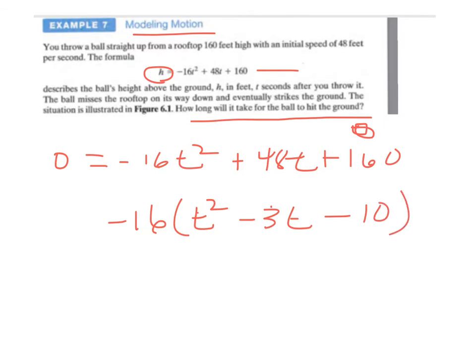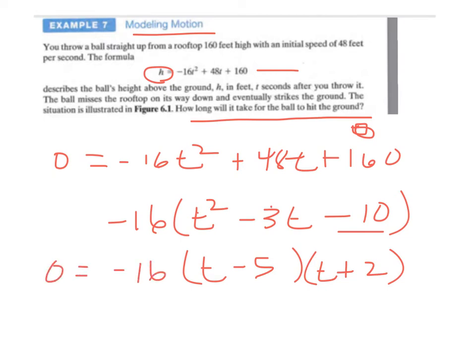Now, I have to continue to factor, so I'm going to factor my trinomial. What two numbers multiply to give me a negative 10 and add up to a negative 3? They happen to be a negative 5 and a positive 2. So now I have it all factored, and it equals 0.